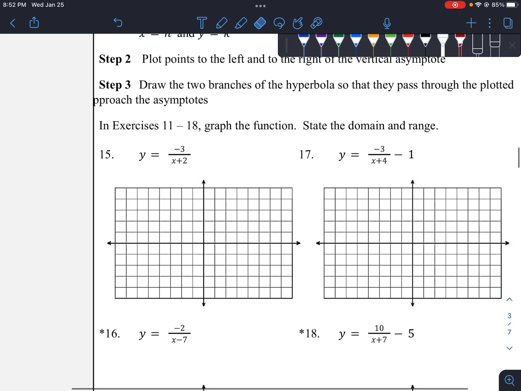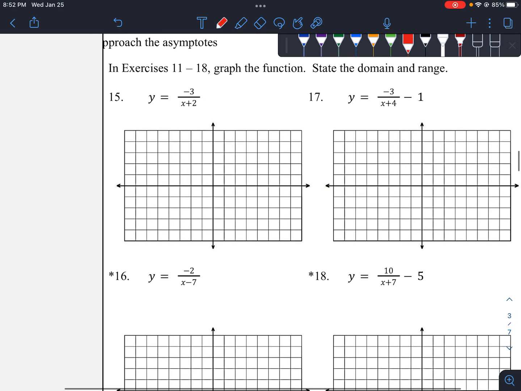So let's go ahead and talk about this right here. For this function, remember that the typical parent function has asymptotes that run on the axes, but because asymptotes can be affected by shifts, you have to move them as well.